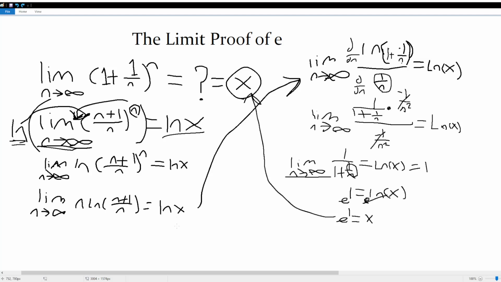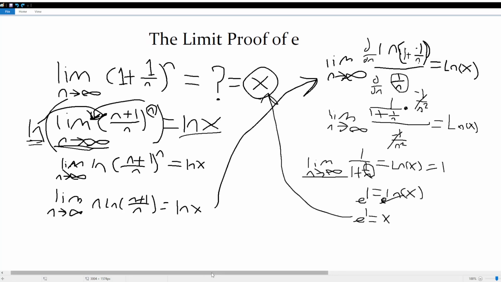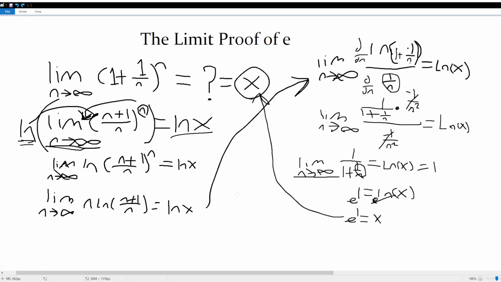I don't have much to say about this. Don't expect it to be on the AP exam, but you should still know how to do it. It's unlikely that it will be. Like I said, this is a very niche topic. There aren't a lot of times where they're looking for you to prove e or even know this limit. Most of the time they'll give it to you. Regardless, it's still really helpful to know. You learn how to evaluate limits very well, and that is something that a lot of people struggle with.